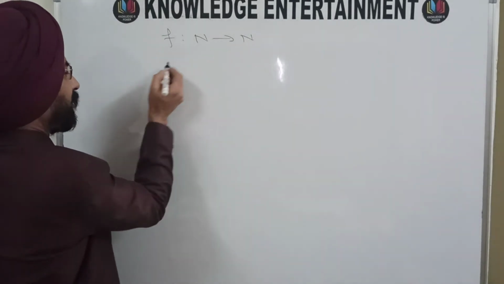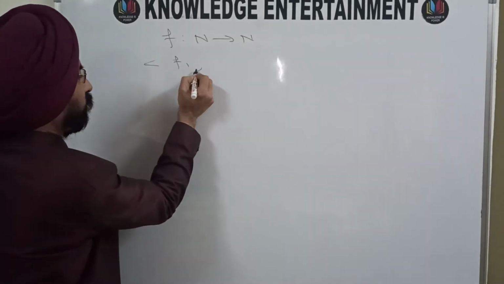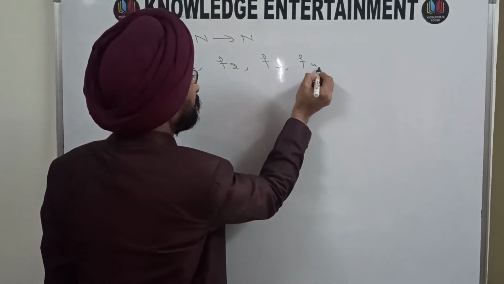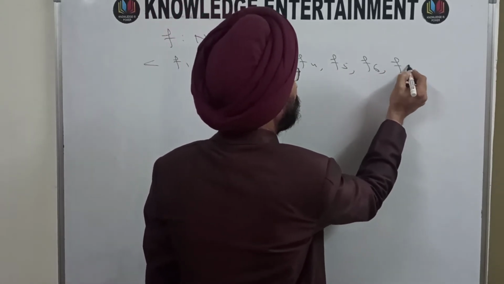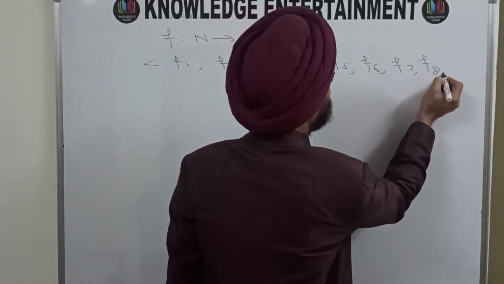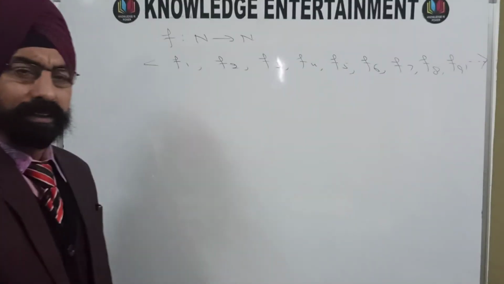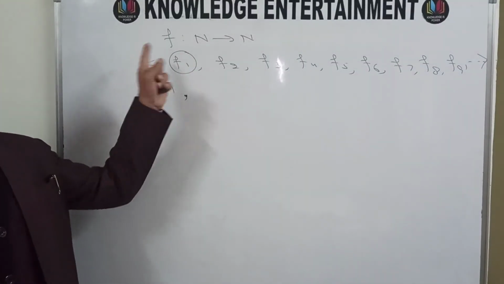Actually, the images of this net will be f1, f2, f3, f4, f5, f6, f7, f8, and so on. What you have to do is define your f1 as 1. f1 means f of 1.